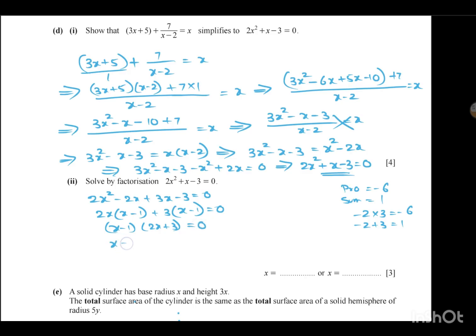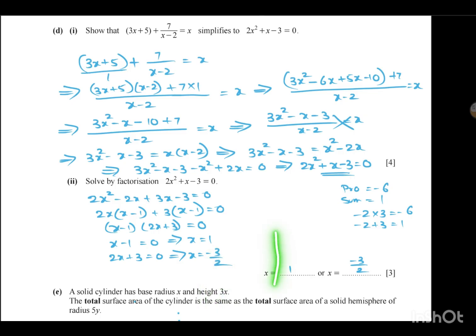So if x minus 1 is taken as 0, x is 1, and if 2x plus 3 is taken as 0, x will be minus 3 by 2. So here it is 1 and minus 3 by 2. This is the answer. Question number 2 is done.